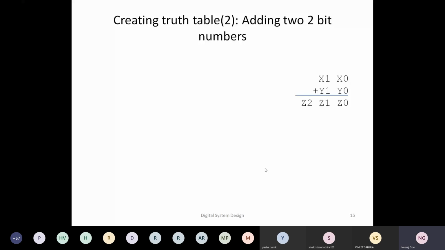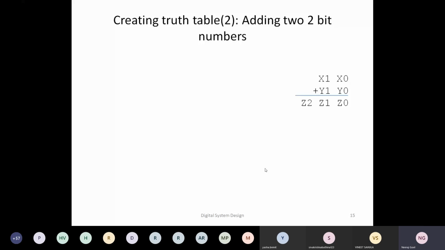What I need to do is, again, enumerate all the possibilities of x0, x1 and y0, y1. How many inputs are there? There are 4 inputs. So how many possibilities would be there? There would be 16 possibilities. For the 16 possibilities, we will find out what is the sum Z0, Z1, Z2.